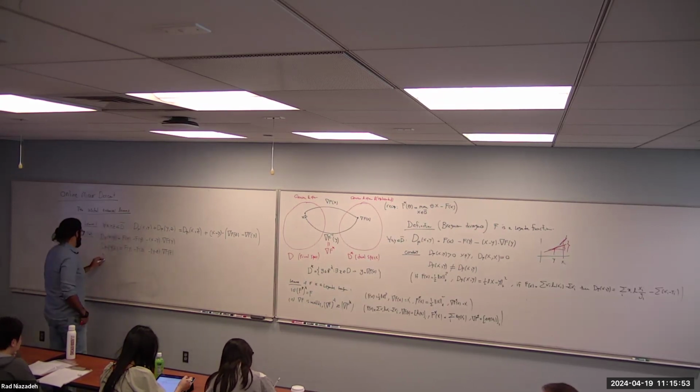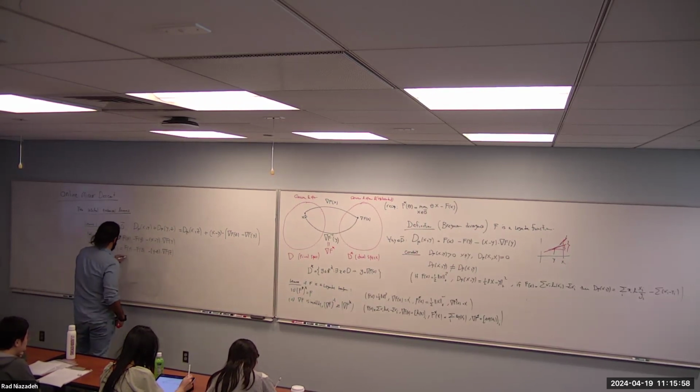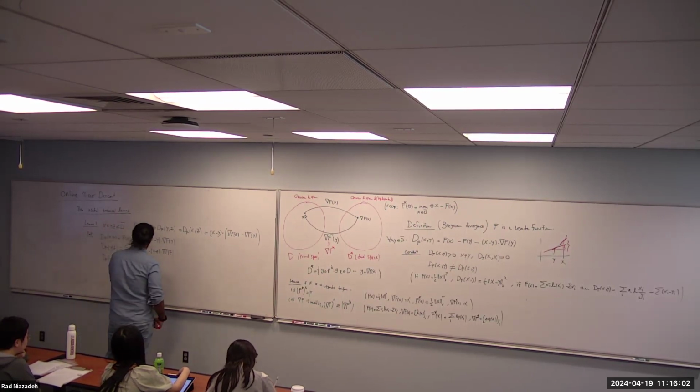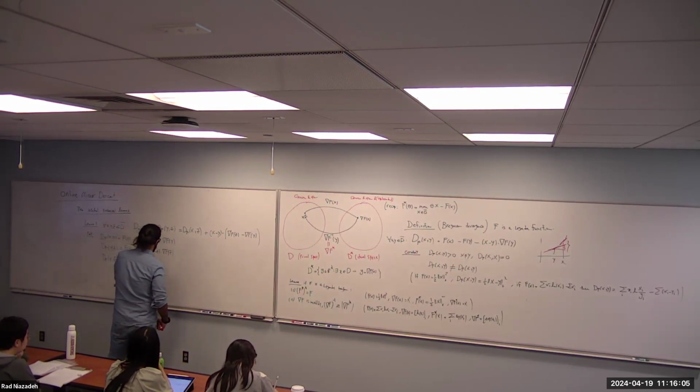And now you already see the cancellations. And then D_f of x and z is going to be f(x) minus f(z) minus x minus z, the dot product with gradient of f at z.